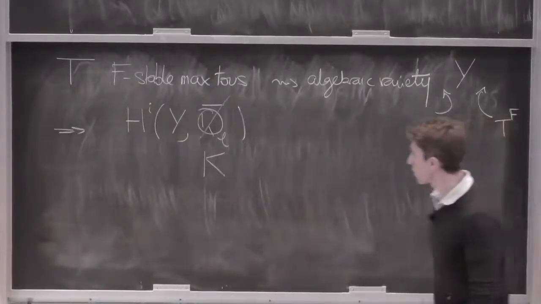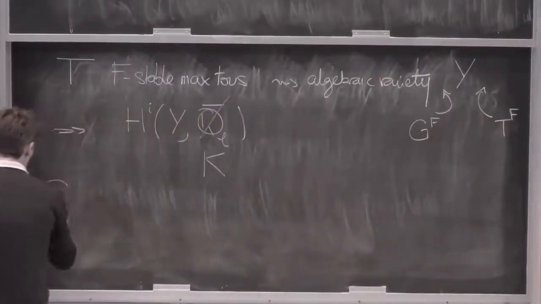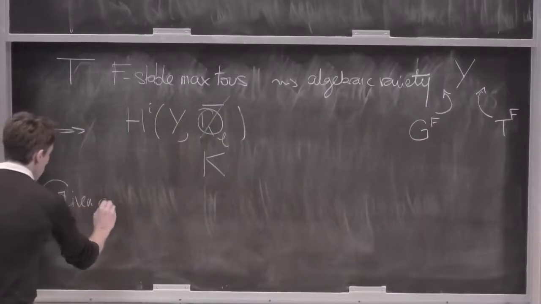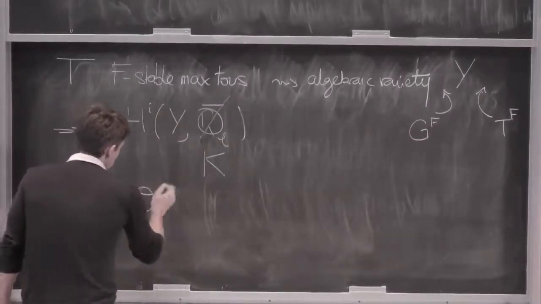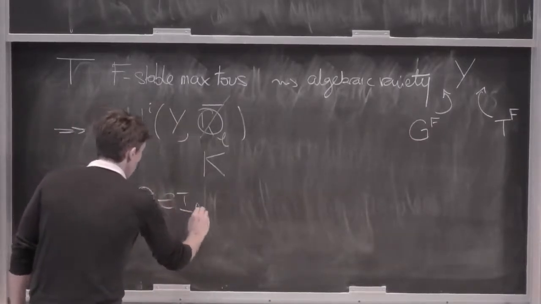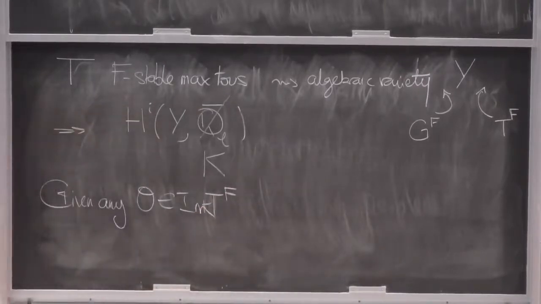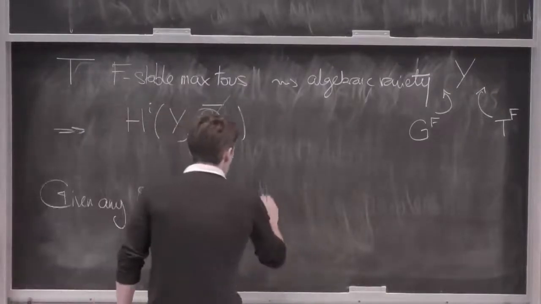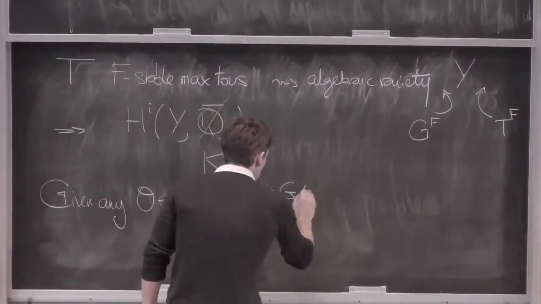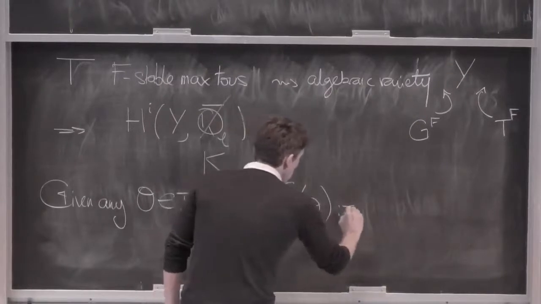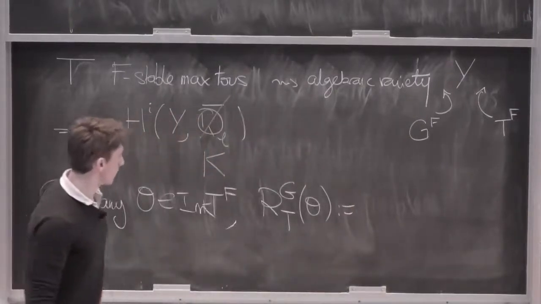Okay, and given any irreducible, or not even necessarily irreducible, representation of the torus over K, so really an ordinary character, a complex character if you want, you can construct some virtual character this time.